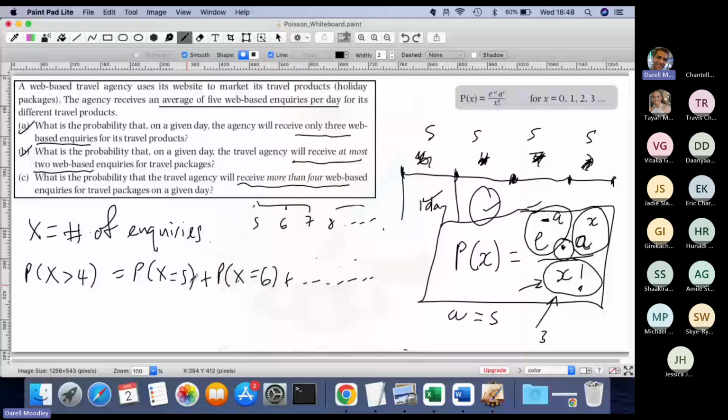So we need to find a way to work this out more efficiently, and how we're going to do this is we're going to use the complement rule. What the complement rule is, is pretty simple. Let me ask you this, and we're going to use this understanding to explain it. If your probability of winning is 60%, I want you to write this in the chat: what is your probability of losing then?